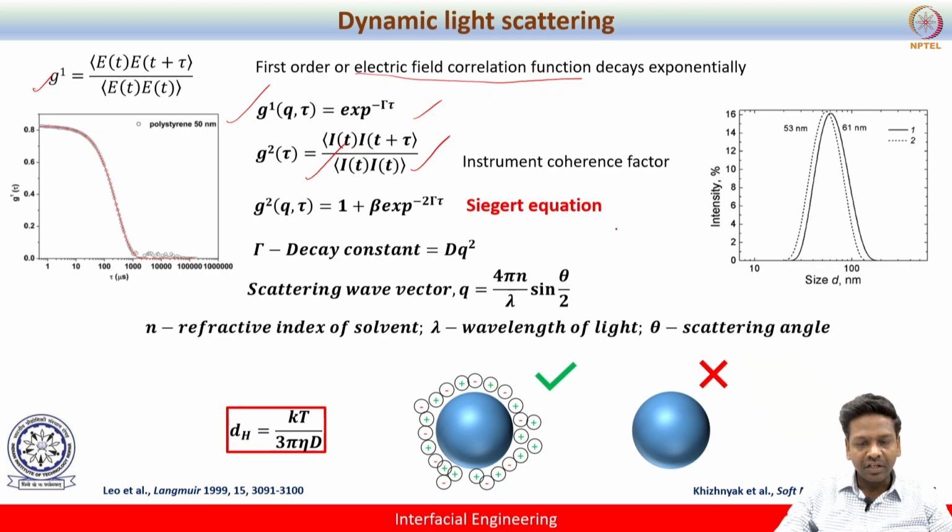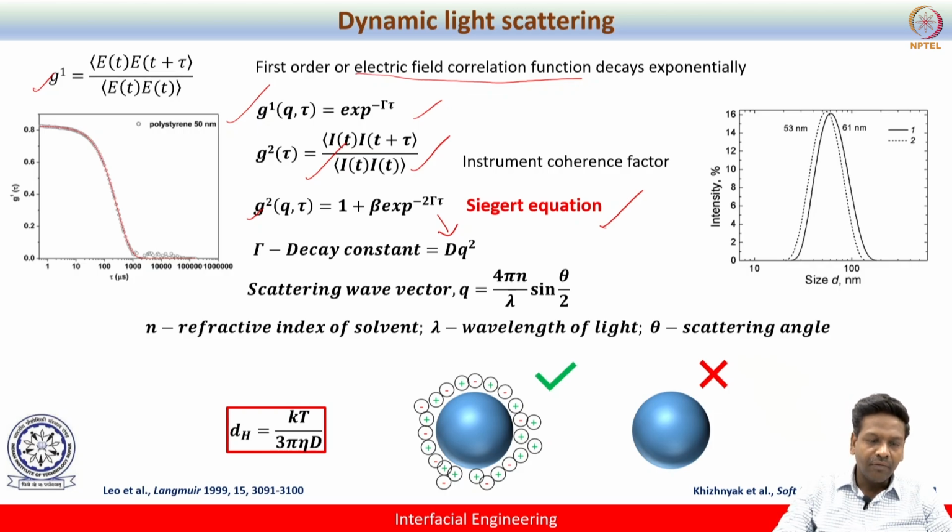So how can you relate these so that you get the decay constant? Thanks to the Siegert equation, which helps us relate the electric field correlation function with the intensity correlation function in this way, and this helps us calculate what is known as the capital gamma. This capital gamma symbol represents the decay constant.